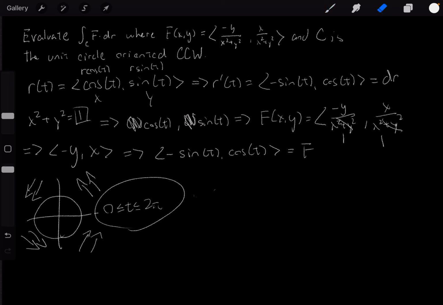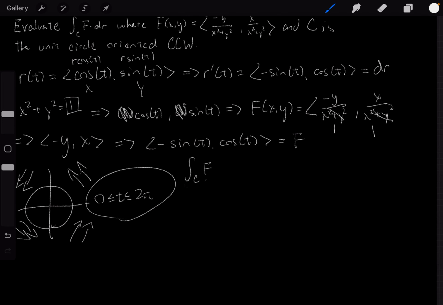All right, now we're ready to plug into the final equation. From the integral of F dot dr, we can now write the integral from 0 to 2 pi of, since we already know what F is, (negative sine of t, cosine of t) dot product (negative sine of t, cosine of t) dt.